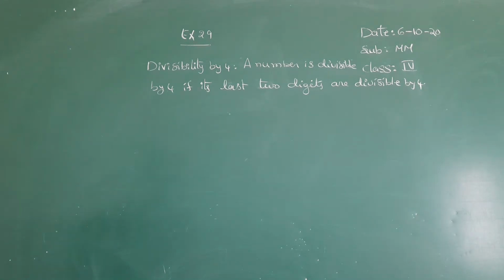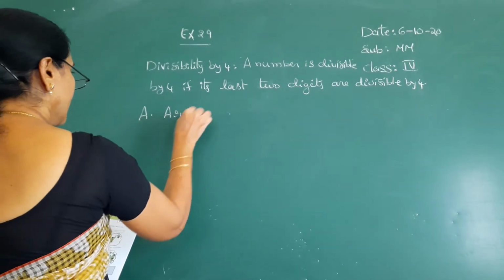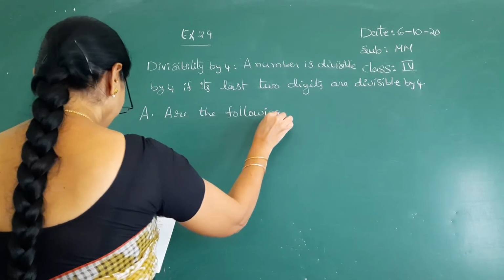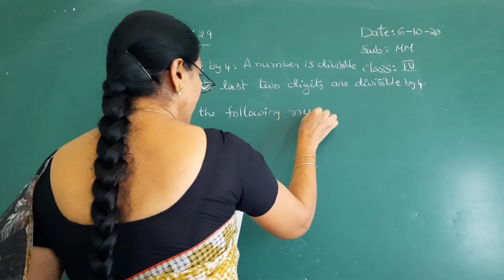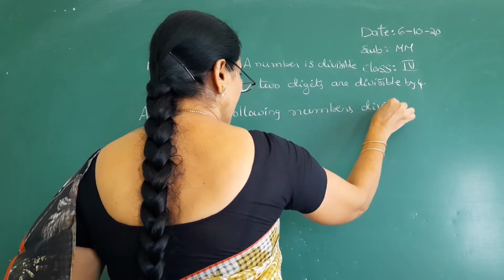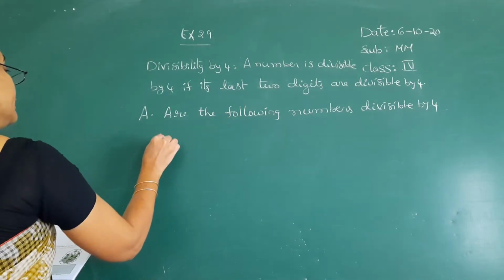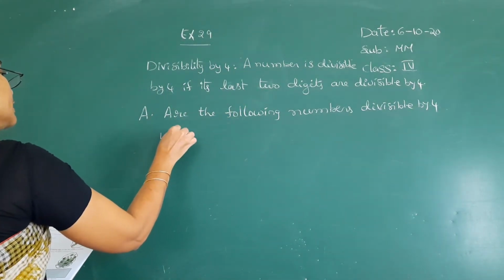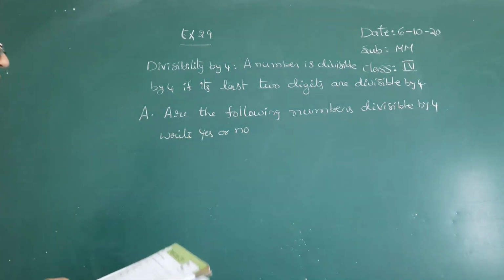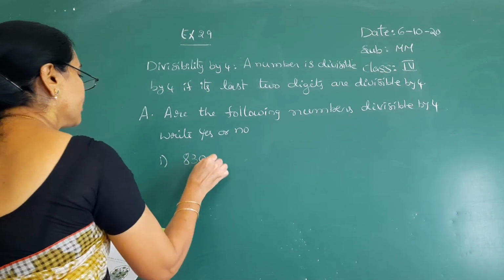See the first question in that exercise. Are the following numbers divisible by 4? Yes or no? The first number is 8300.